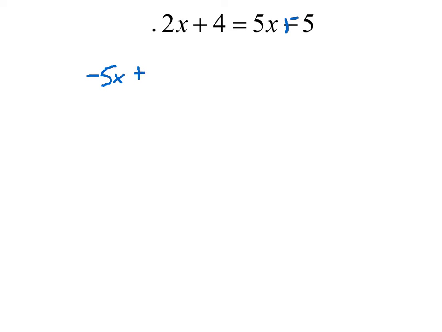Negative 5x plus 0.2x plus 4 is equal to 5x plus negative 5x plus negative 5. So 5x plus the negative 5x ends up being 0, leaving us just the negative 5 over here.